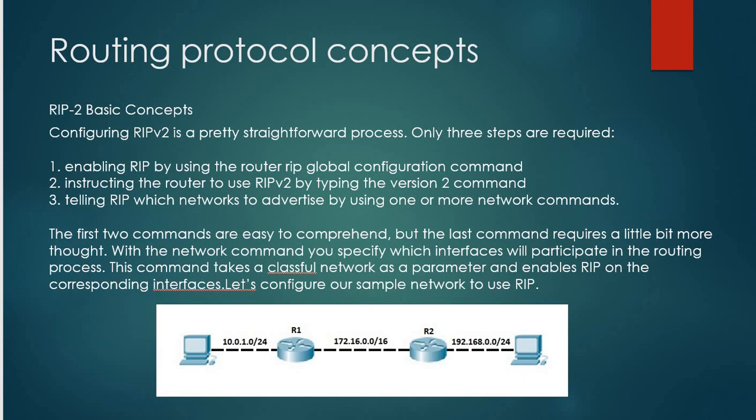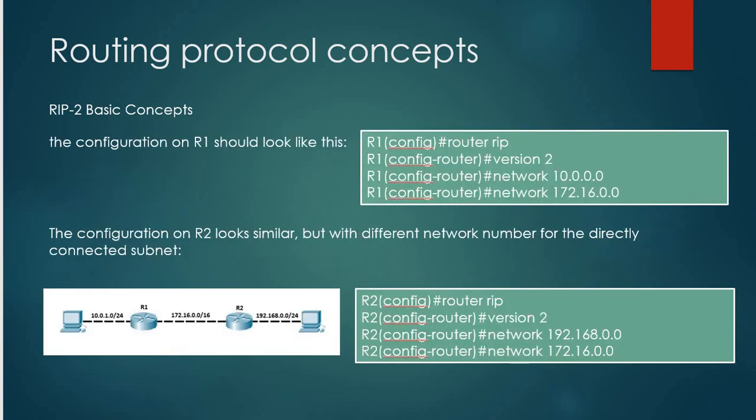Let's see the configuration of RIP here. Down there we have the network addresses 10.0.1.0, 172.16.0.0 and 192.168, so these are classes A, B and C of private IP addresses. Okay, all these are private IP addresses. So on router 1 we have to do it like this, and on router 2 do it like this.